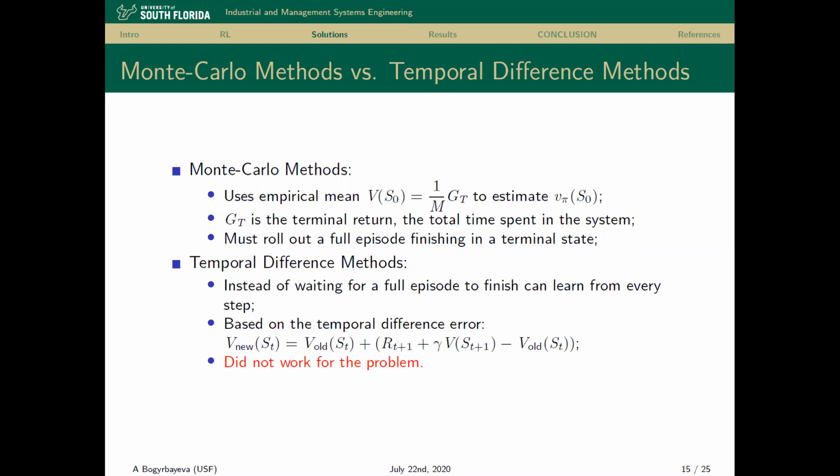If you only look one step ahead, or a couple of steps ahead, it's still very hard to learn the reward function that way. So when you play out the whole episode and actually see the total time spent in the system, somehow it worked out better for us.